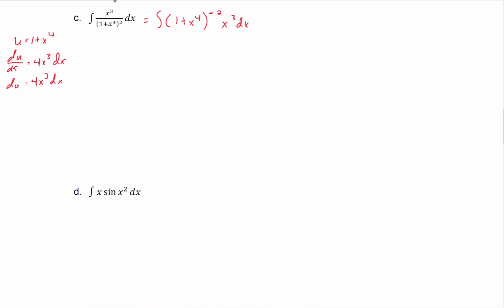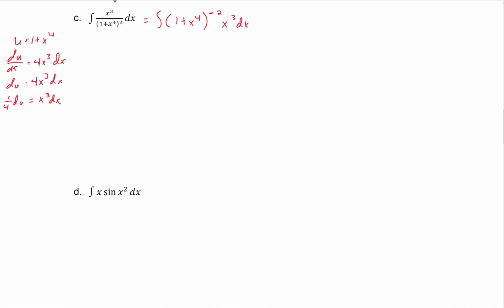So we've got to get rid of that 4. How can we get rid of it? Divide by 4 on both sides, right? I'm going to divide by 4 by multiplying by 1/4, just so it looks a little bit neater. So we have 1/4 of du is equal to just x cubed dx, right? So now what we have matches what's left over in our integrand.